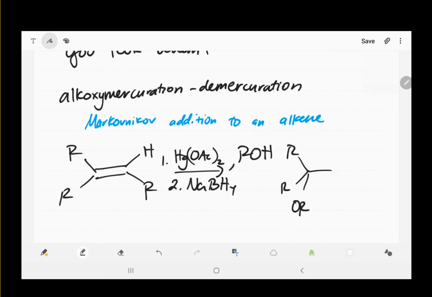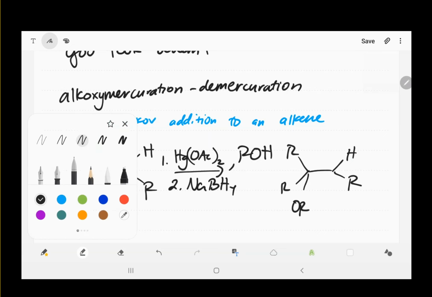You'd get your alkoxy group there on the Markovnikov side, the more substituted side, right? So that's one more way to make ethers out of things.